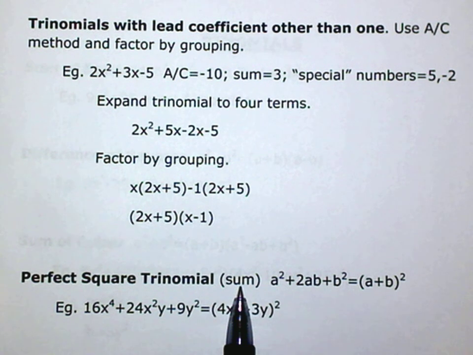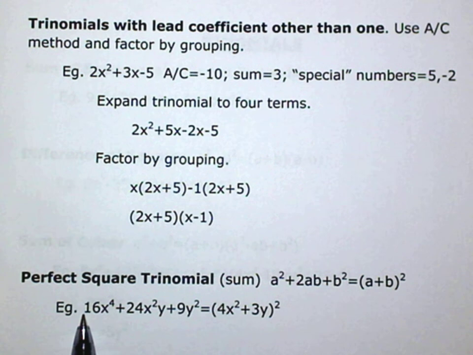Now how do I know I have a perfect square trinomial? Well, I look at the first term and I look at the last term. If both of these are perfect squares, I probably have a perfect square trinomial. Let's check it out. We take the square root of the first term, and that goes at the front.